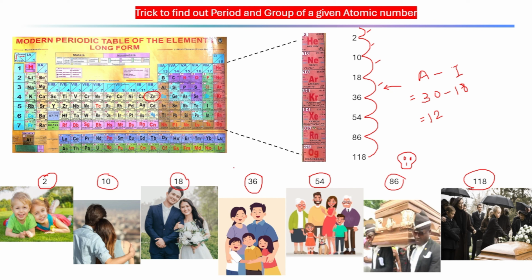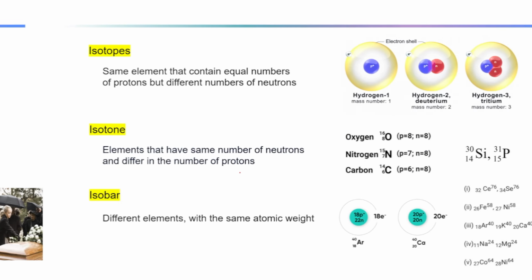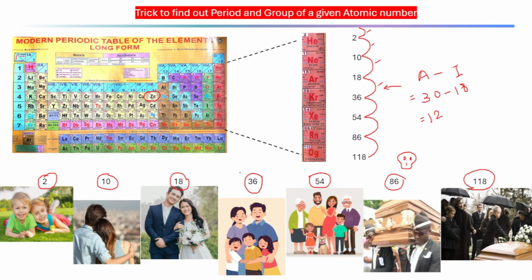And there is another small trick. This one is the fourth period, so this is actually 40 minus 4. 40 minus 4 you will get 36.